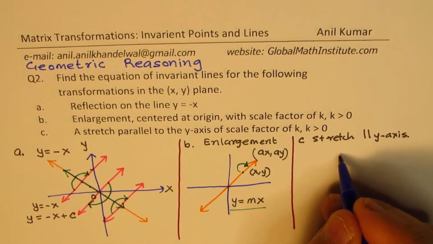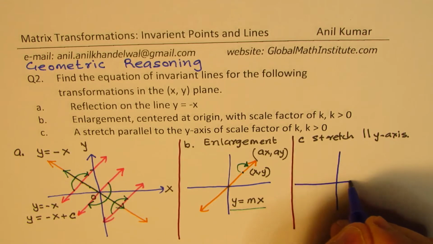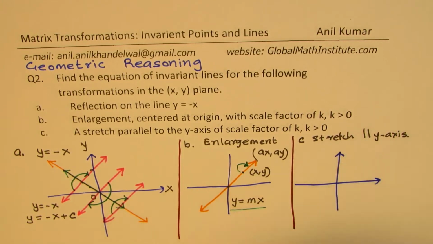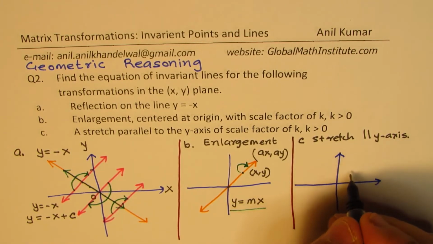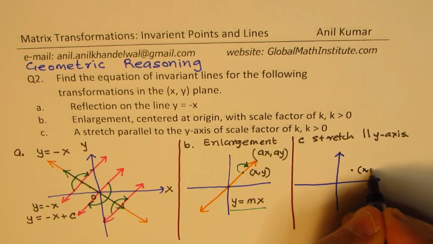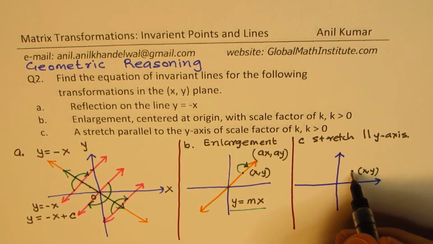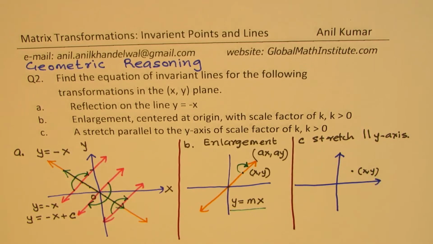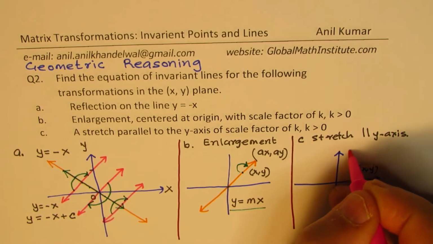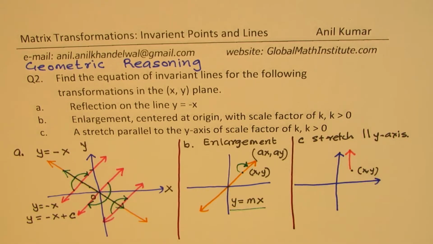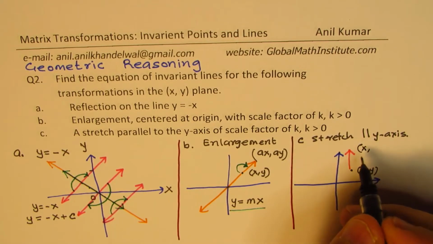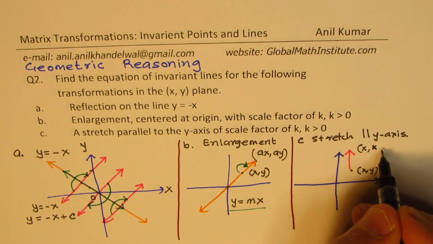The y-axis is vertical, so what we're trying to do here is, if we have a point (x, y) in general, a stretch parallel to the y-axis means this point will be pushed upwards, right? Stretch parallel to the y-axis. This is parallel to the y-axis, correct? So in this case, the x value remains the same, but the y value gets multiplied by k.